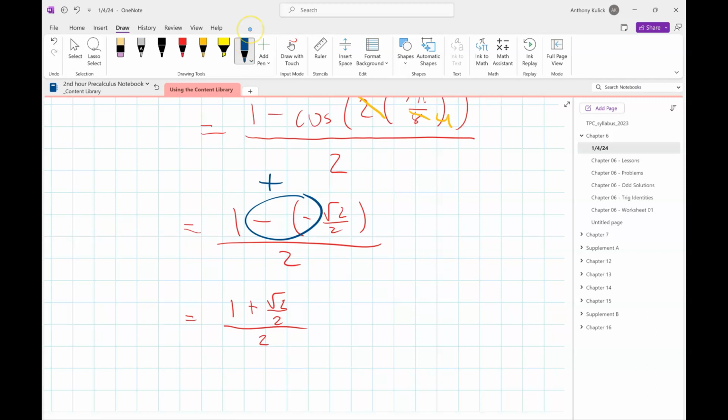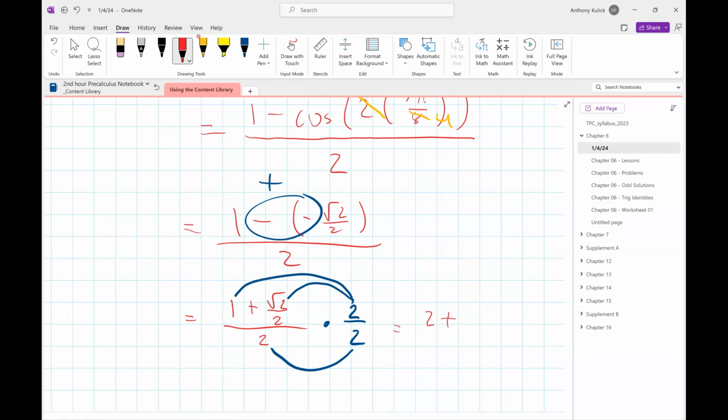The easiest way to do that is going to be to multiply the top and bottom of the fraction by the denominator of the little fraction on the inside. So I'm just going to multiply the top and bottom by 2. So in the numerator, that 2 distributes through. 2 times 1 is 2.